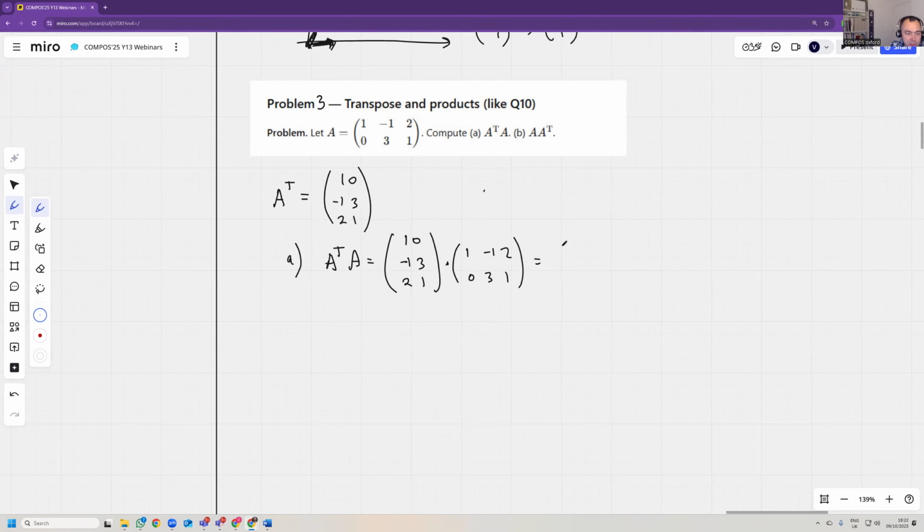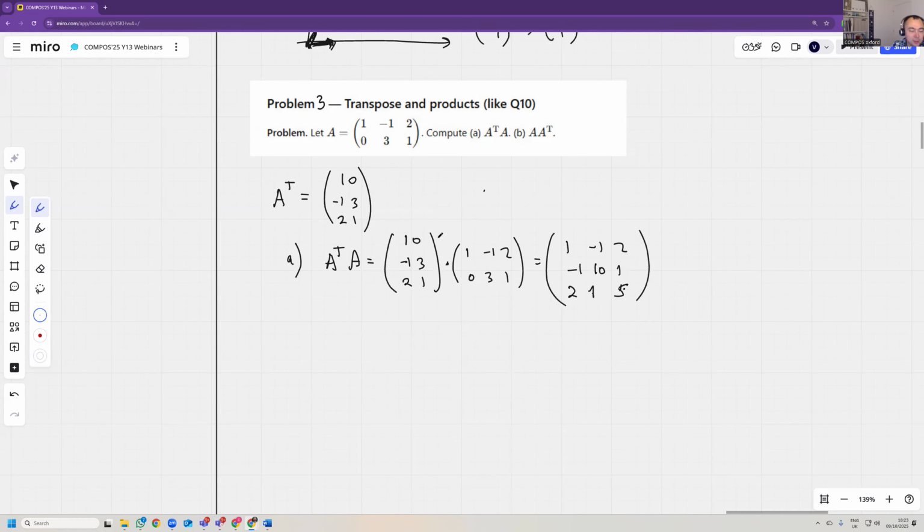And you get 1, -1, 2, then -1, 10, 1, and then 2, -2 plus 3 is 1, and 4 plus 1 is 5.